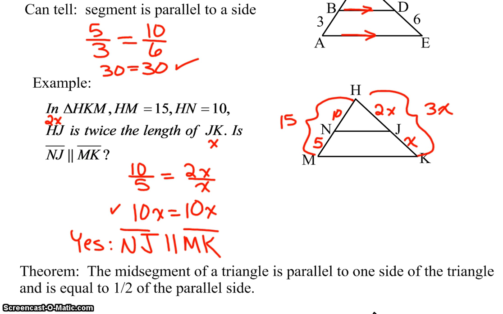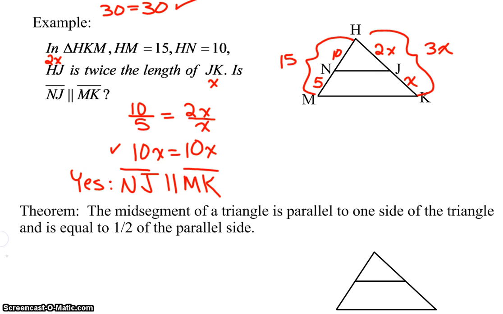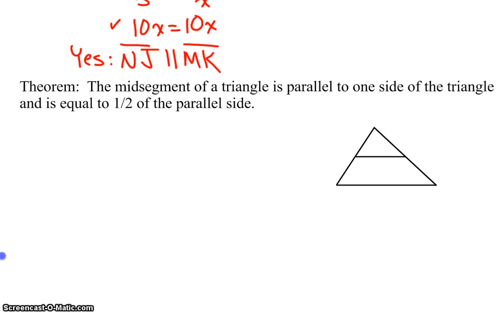We have one more theorem today, and this theorem says that the mid-segment of a triangle is parallel to one side of the triangle and equals 1/2 of the parallel side. Now, here's a problem. We have not defined mid-segment, so we need that.